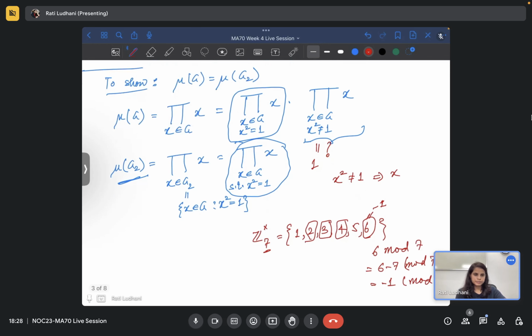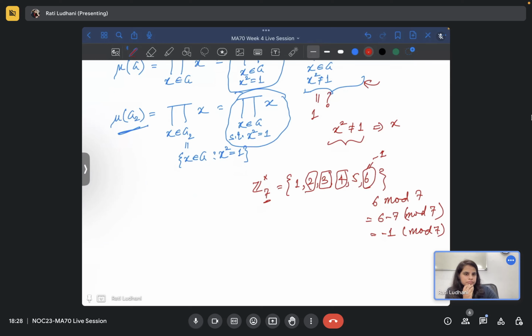Since this is a finite group, there are elements which have order more than 2, meaning x square is not equal to 1, and some bigger power is equal to 1 and not the lesser ones. So there are elements in this set. Is that okay? I can explain again, or have I answered your question?